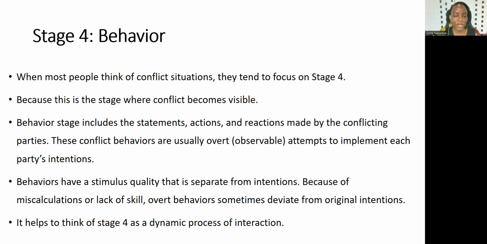But because I really don't know how to control my face, I might end up looking hostile. Overt behaviors sometimes deviate from the original intentions. And it helps to think of stage 4 as a dynamic process of interaction because they are actions and reactions.